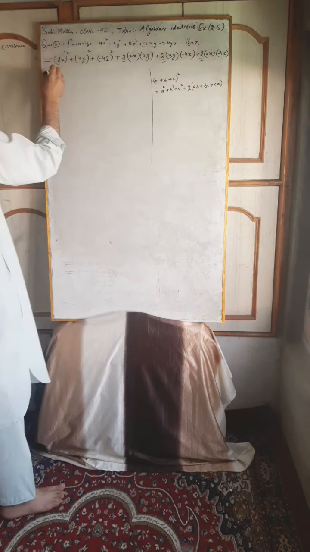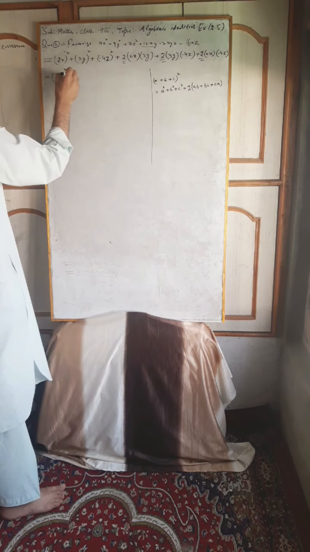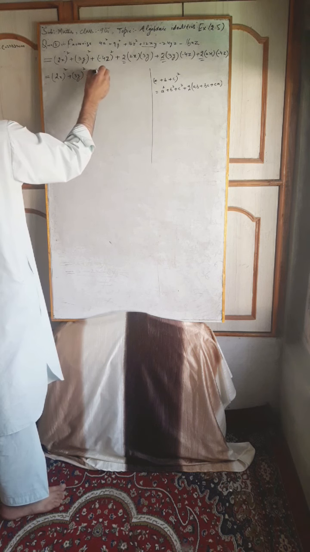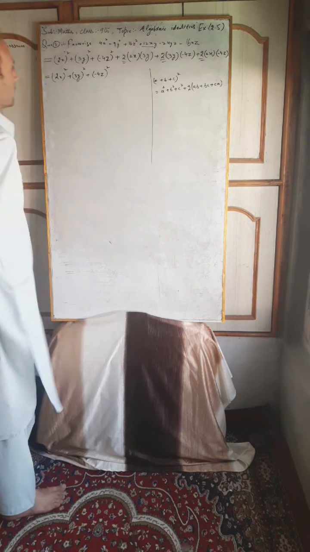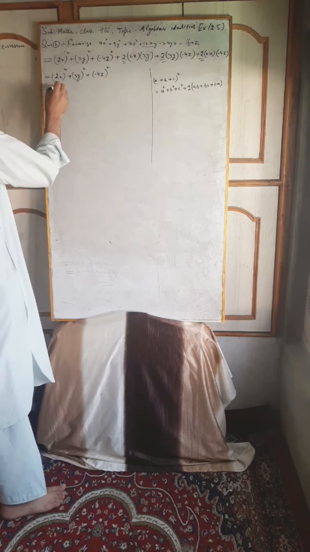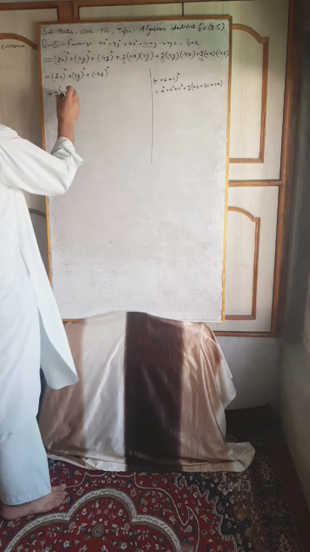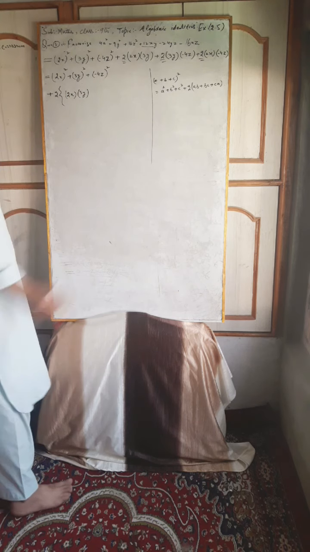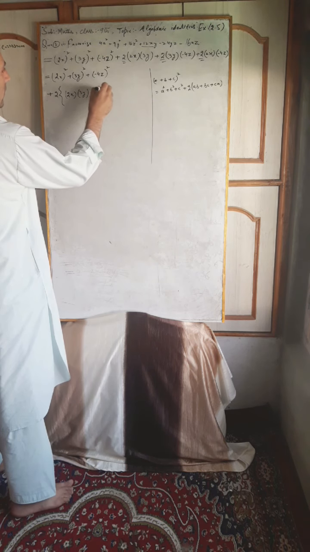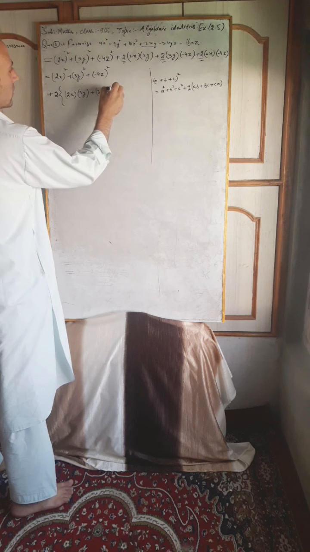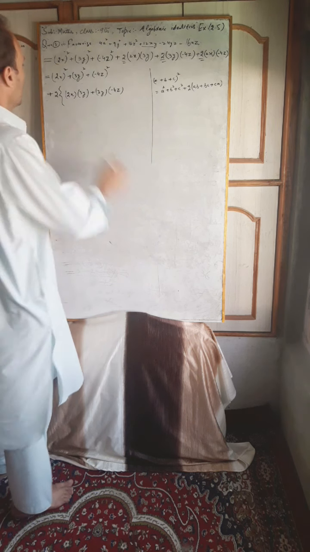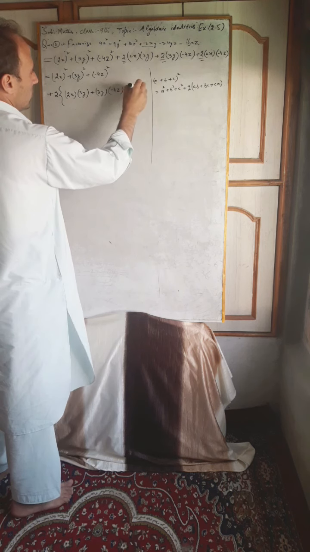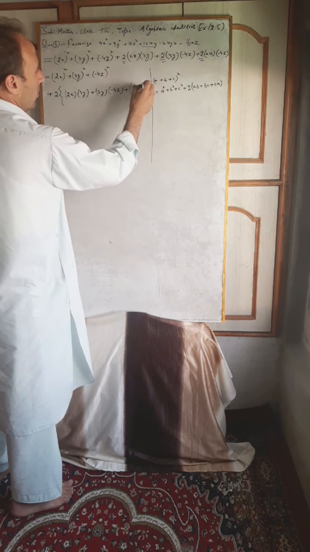It can be written as 2x whole square plus 3y whole square plus minus 4z whole square plus 2 into 2x into 3y plus 3y into minus 4z, because 2 is common, plus 2x into minus 4z.